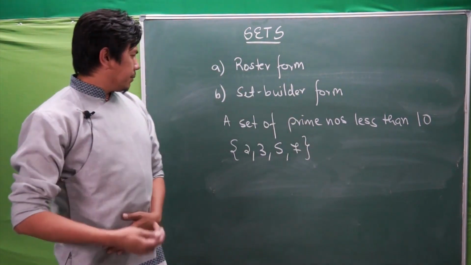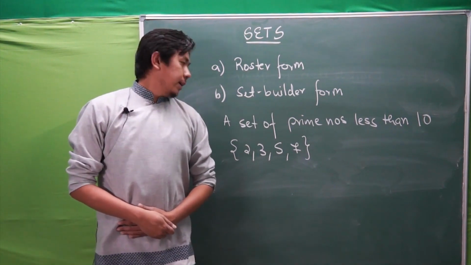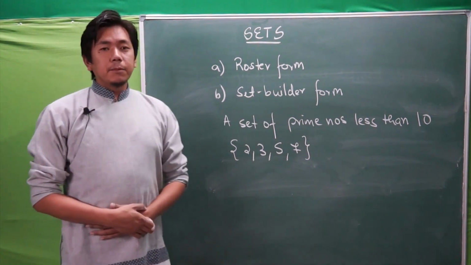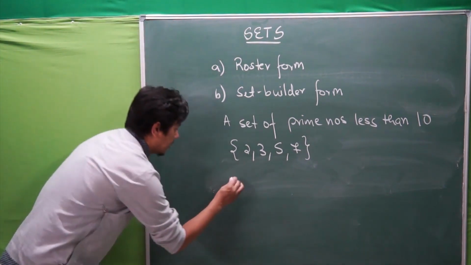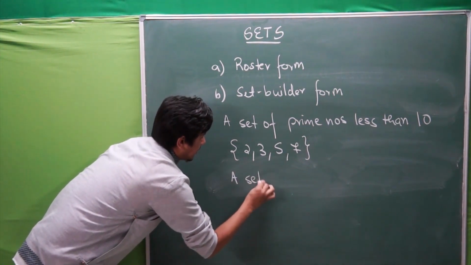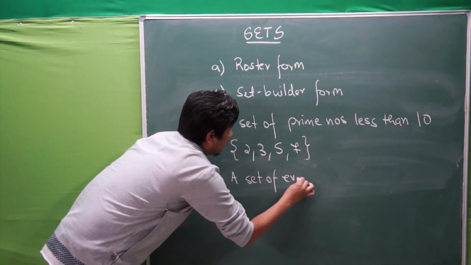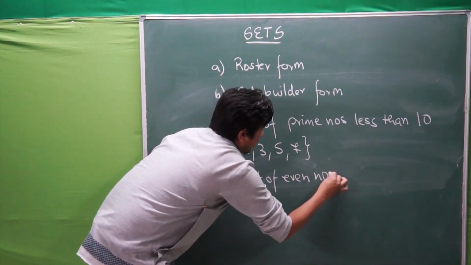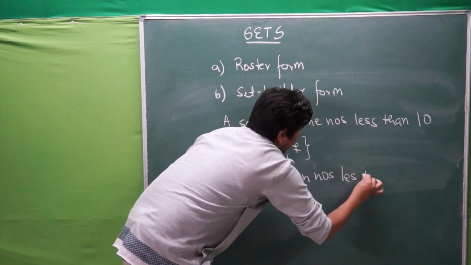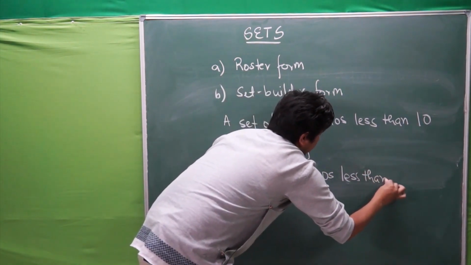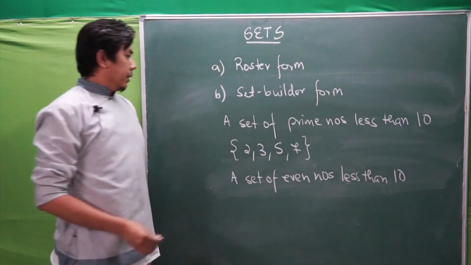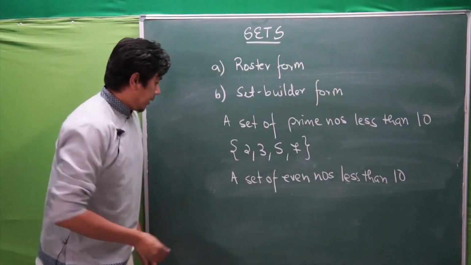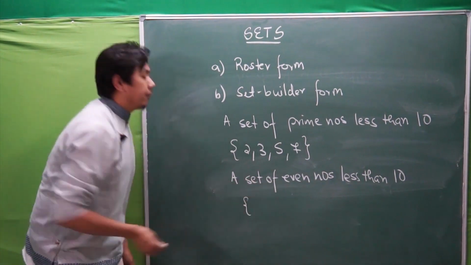Alright. Similarly, next example, we can write a set of even numbers less than 10. So in this condition, less than 10, all the even numbers.